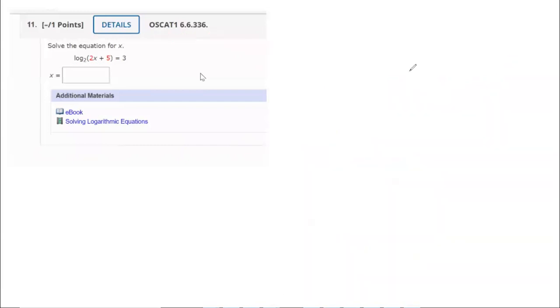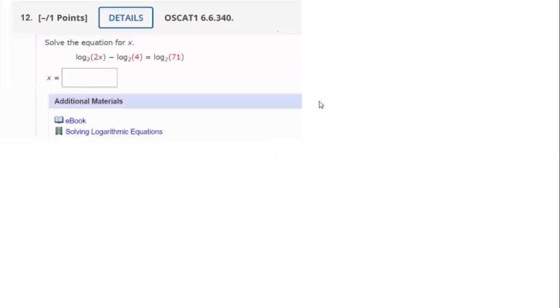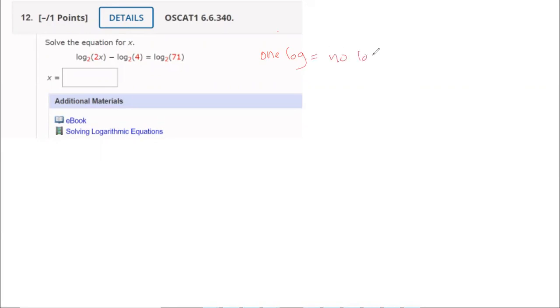Okay, let's try example number 12. Let's look at this. Which situation is this? Situation A is one log, no log. Situation B will be one log on each side.